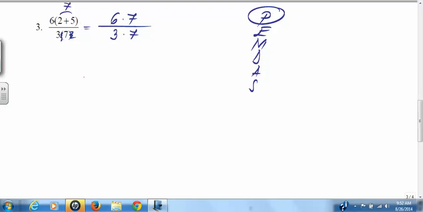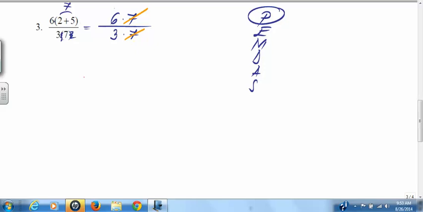What should be done next? Should we multiply 6 times 7 and 3 times 7? Or we can do something else. Think about it. And you guys probably got it right. I have a 7 on the top, a 7 at the bottom. They will cancel each other because 7 divided by 7 is 1.